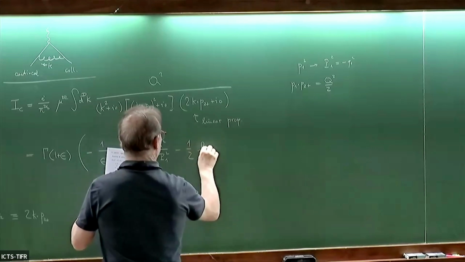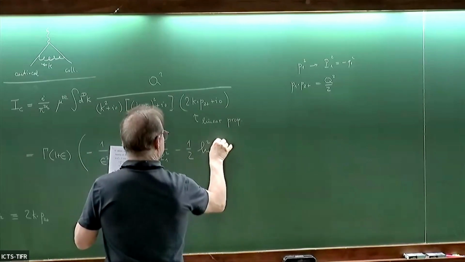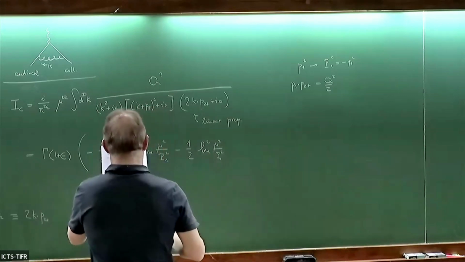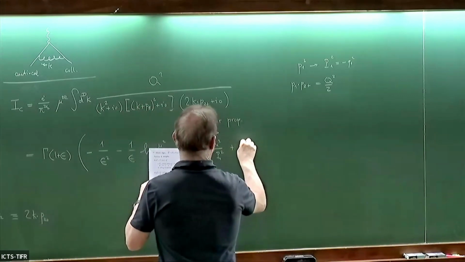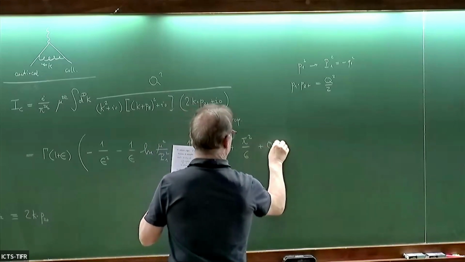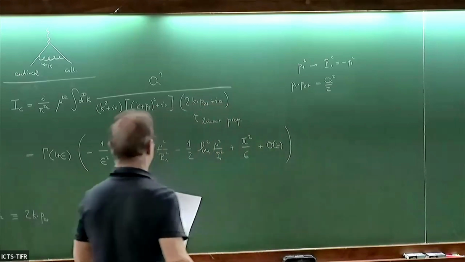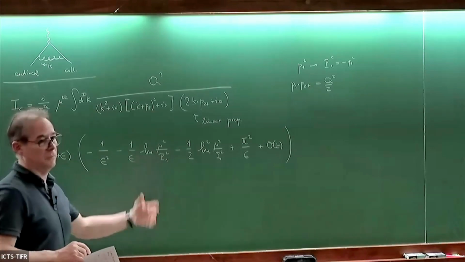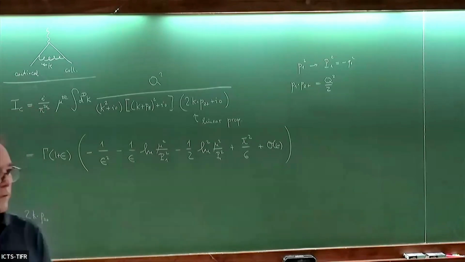Single log, double log, and again a constant, and again terms of order epsilon, which we won't write down. And that's great because we are computing the collinear contribution and the answer depends only on the square of the collinear scale, p1 squared, wonderful.